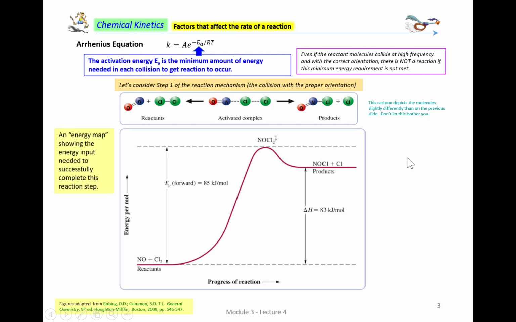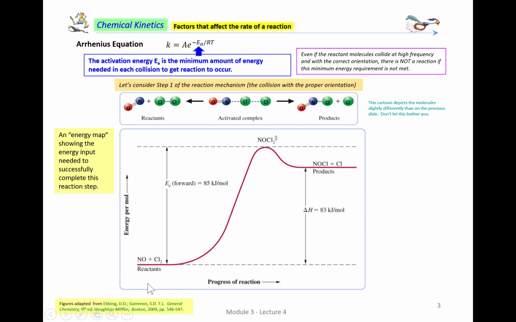Well, we often look at reactions or describe reactions with energy maps. What it helps us do is track the overall energy changes and the activation energies for reactions. So here's an energy map for this reaction, step one of the reaction mechanism.